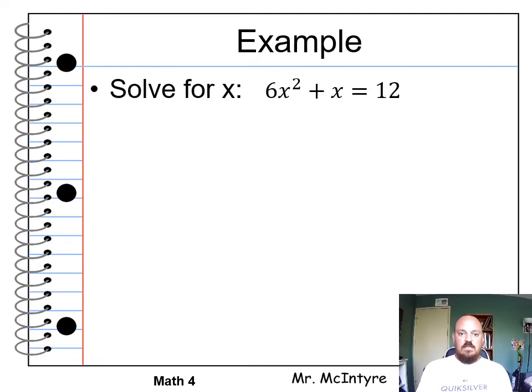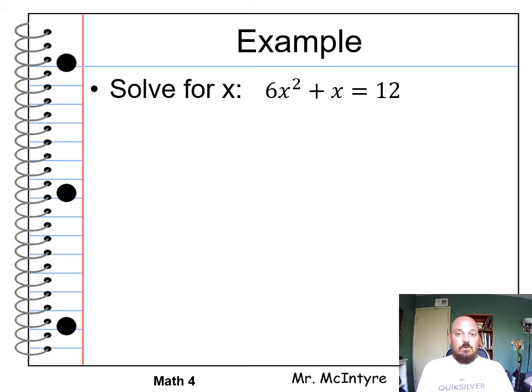One more quick example. We're going to solve for x right here, 6x squared plus x equals 12. And remember the very first thing I told you guys in today's video, it's not ready to solve. You can't ever solve a quadratic if it's not equal to 0. If I try to factor right now, whatever work I do is wasted time because factoring doesn't help you if it's not equal to 0.